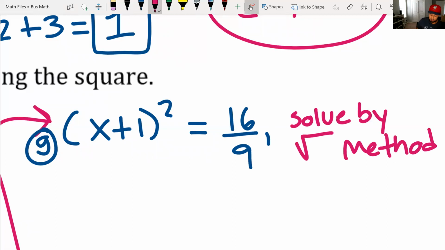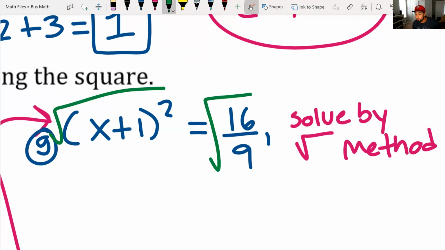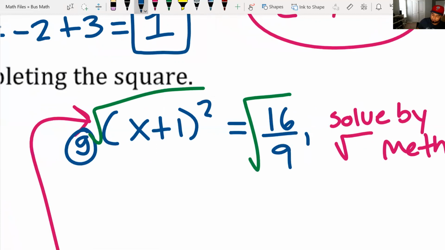So we'll say square root. I'll do different colors since red's right there. Square root, and we should get x plus 1 equal to, don't forget, the plus or minus. Okay, and what is the square root of 16?